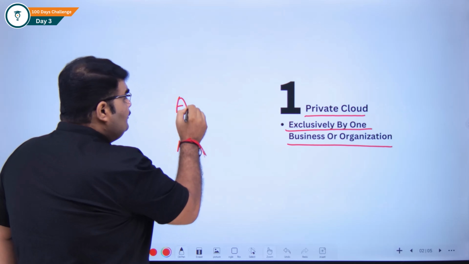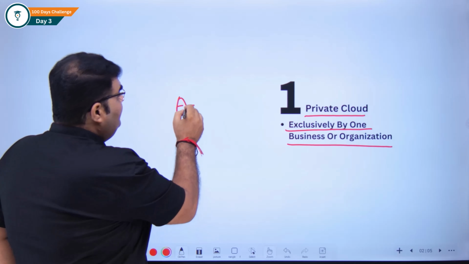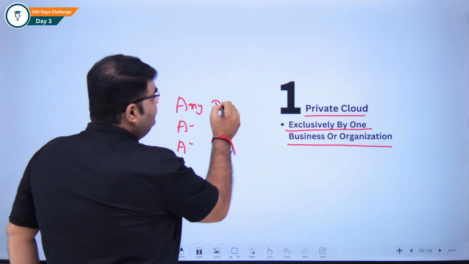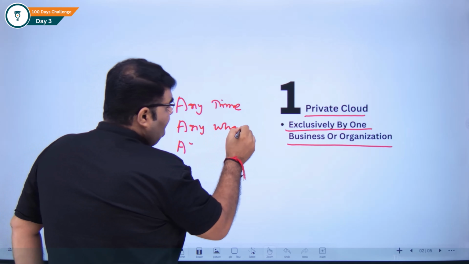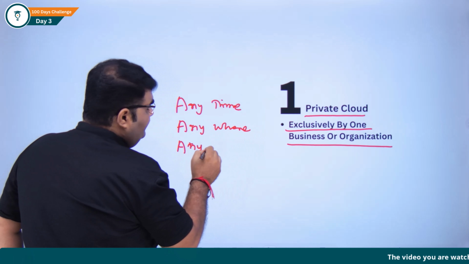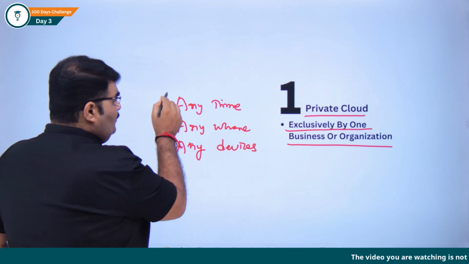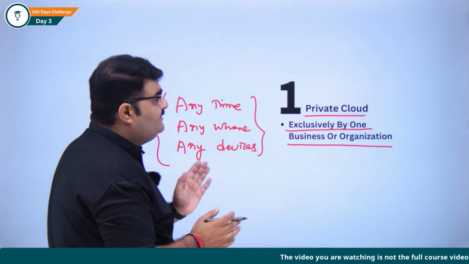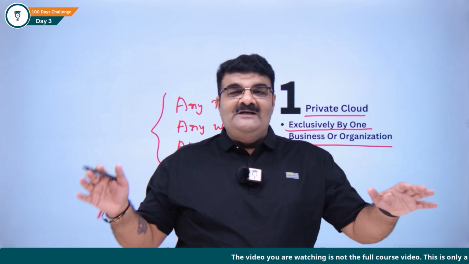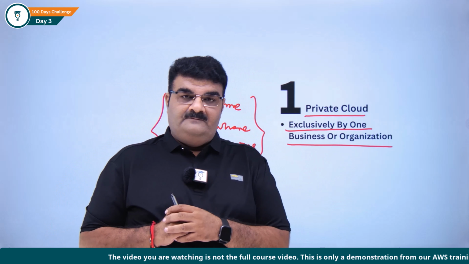It means your on-premises infrastructure is available anytime, accessible from anywhere, and you can access this using any devices. So, in on-premises infrastructure, if we add this AAA facility, we can say that, okay, we have our private cloud.